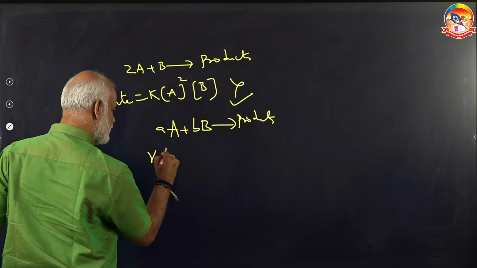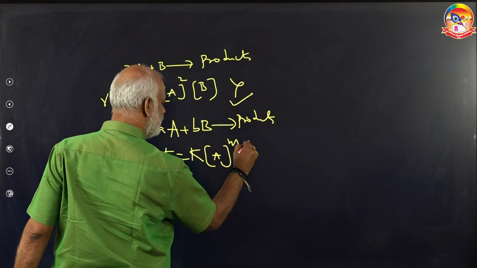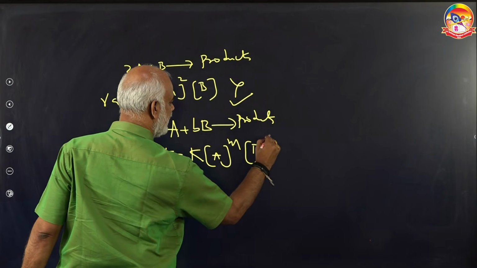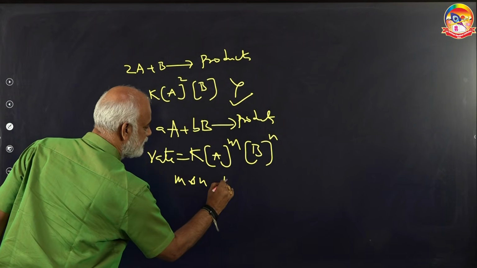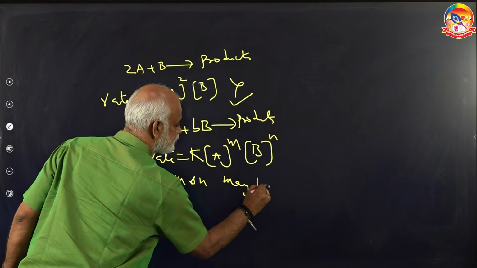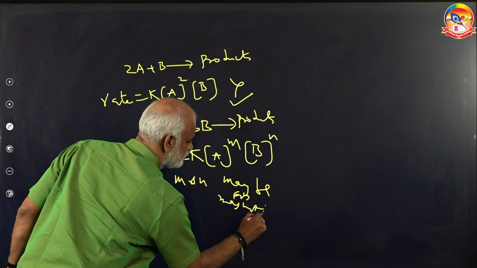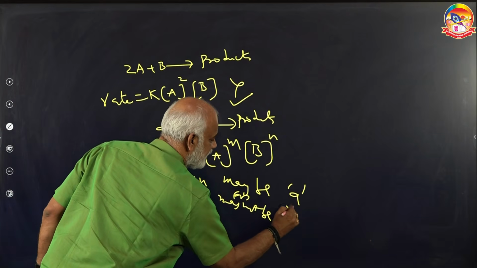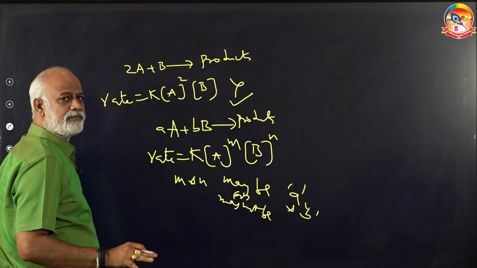Thus, suppose you are writing in an easier way, aA plus bB gives products, rate is equal to k into [A] to the power m and [B] to the power n, where m and n may or may not be a and b, because m and n are experimentally determined values.